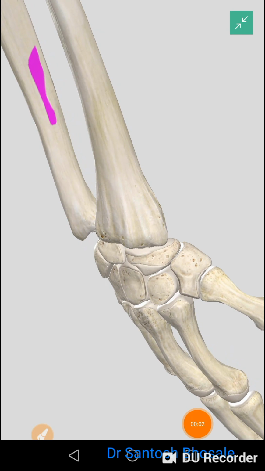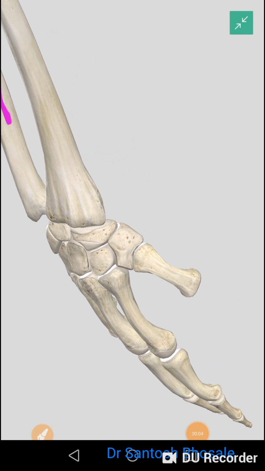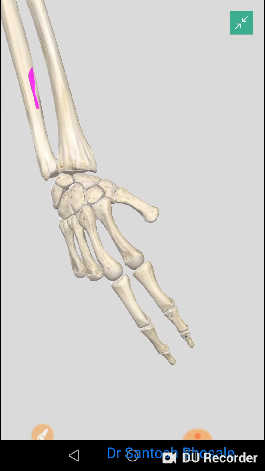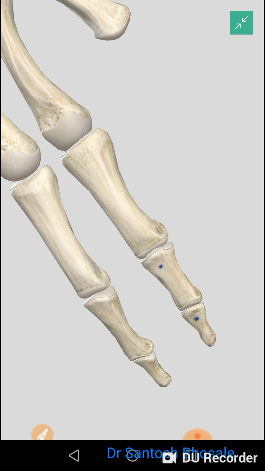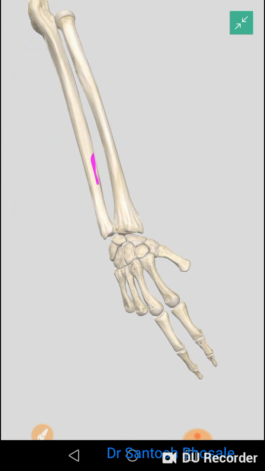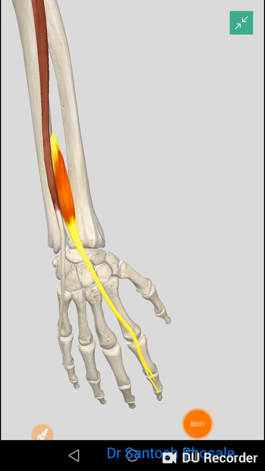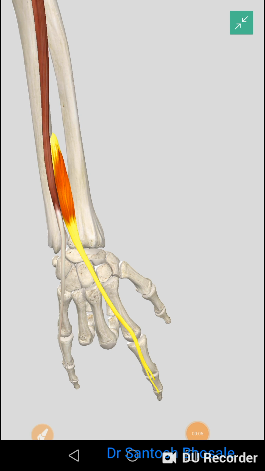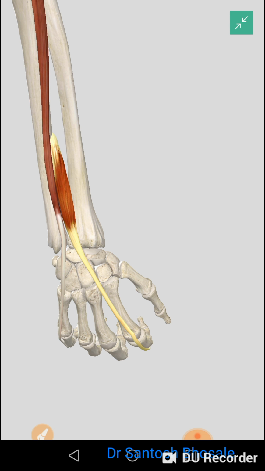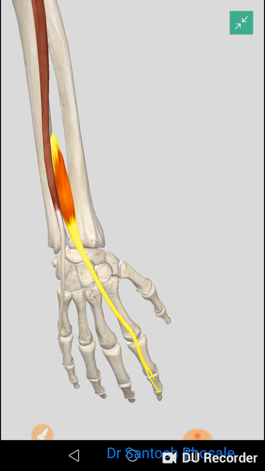You can see the origin here from the ulna and the insertion into the base of both the middle and distal phalanx of the index finger. You can see how it helps in the extension of the interphalangeal joints of the index finger. Extensor indicis. Nerve supply is the posterior interosseous nerve.